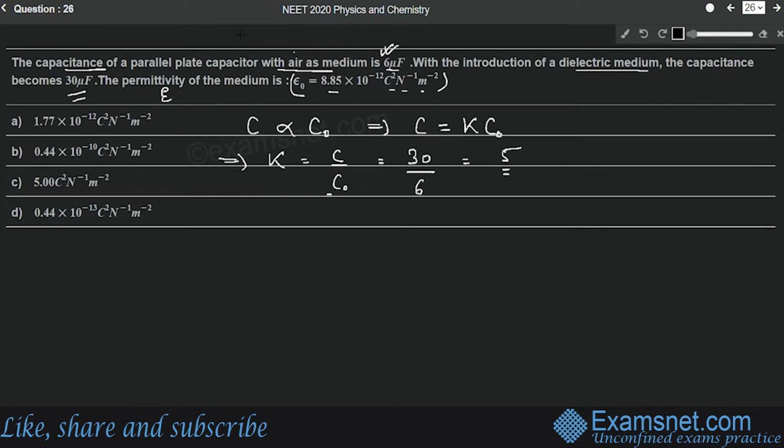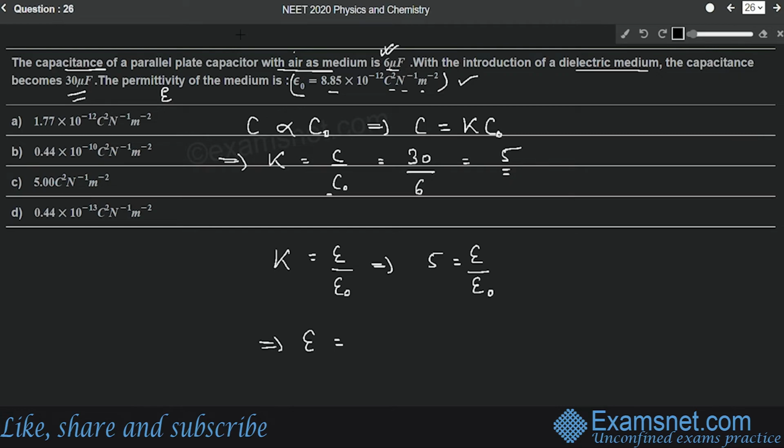Now at the same time K is also the ratio of permittivity of medium to the absolute permittivity. And we know that K is equal to 5. So 5 equals the permittivity of the medium divided by absolute permittivity. Now the value of absolute permittivity is also given in the question. So what will be the value of permittivity of the medium?